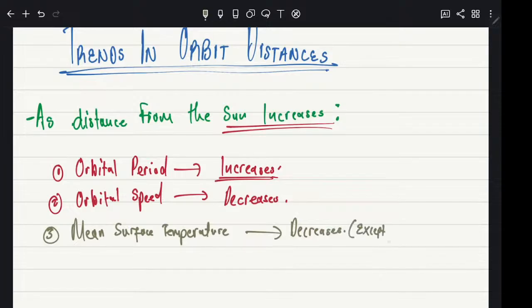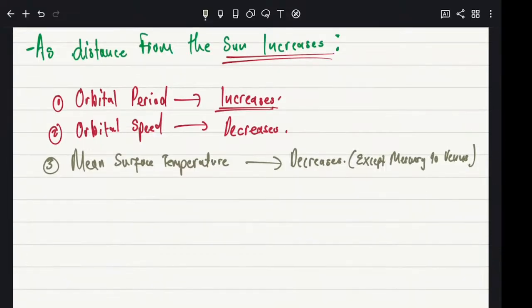Except Mercury to Venus, this is where there is an increase. But generally there is a serious decrease there. The further you go from the sun, the cooler it gets. But Venus is a problem. It is actually hotter than Mercury.